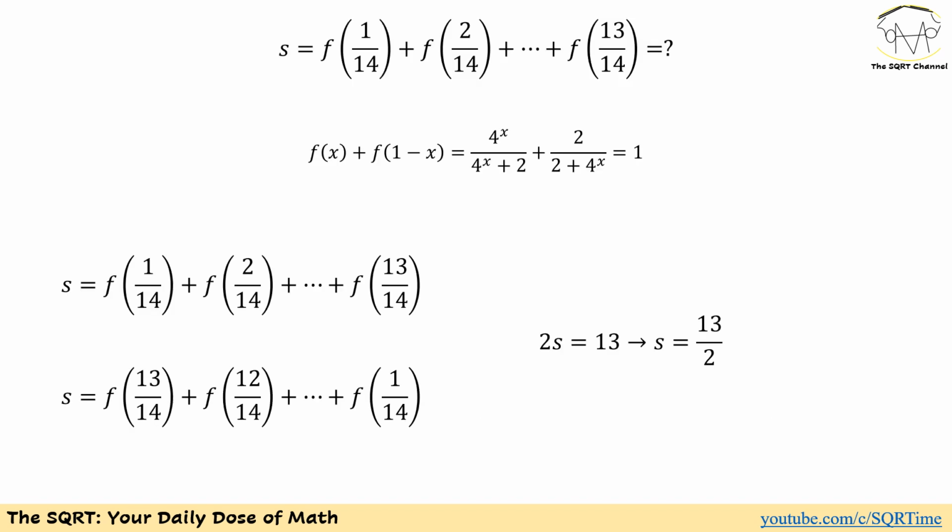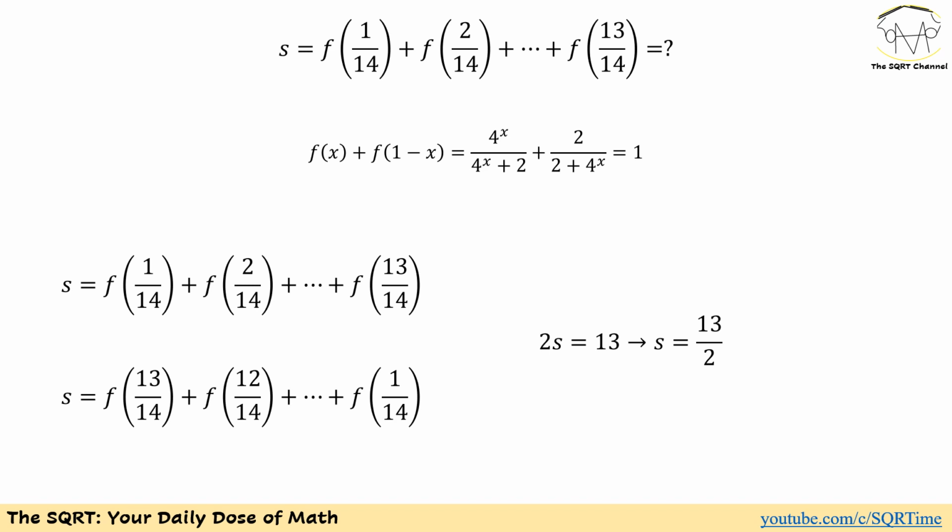So we are going to do a trick here. We have f of 1 over 14, 2 over 14, and so on and so forth. Let's define this expression as s. Now I'm going to write s in another order. I'm going to start with 13 over 14 and end with 1 over 14.